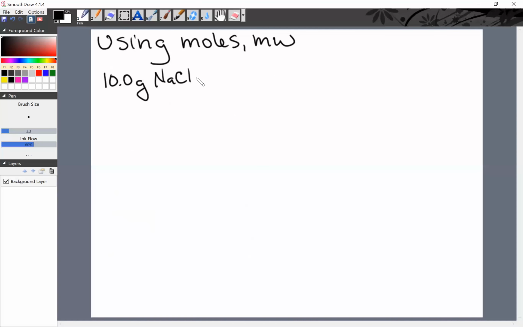Can you convert that into moles? Well, yes, I just need to determine the molecular weight or the formula weight of sodium chloride. And we just did that. And that is 58.44 grams of sodium chloride in every 1 mole of sodium chloride.